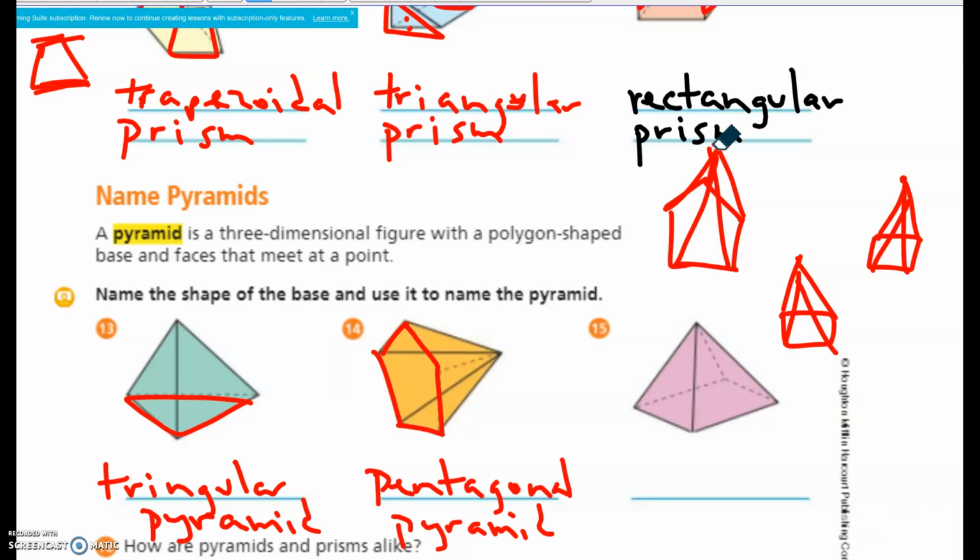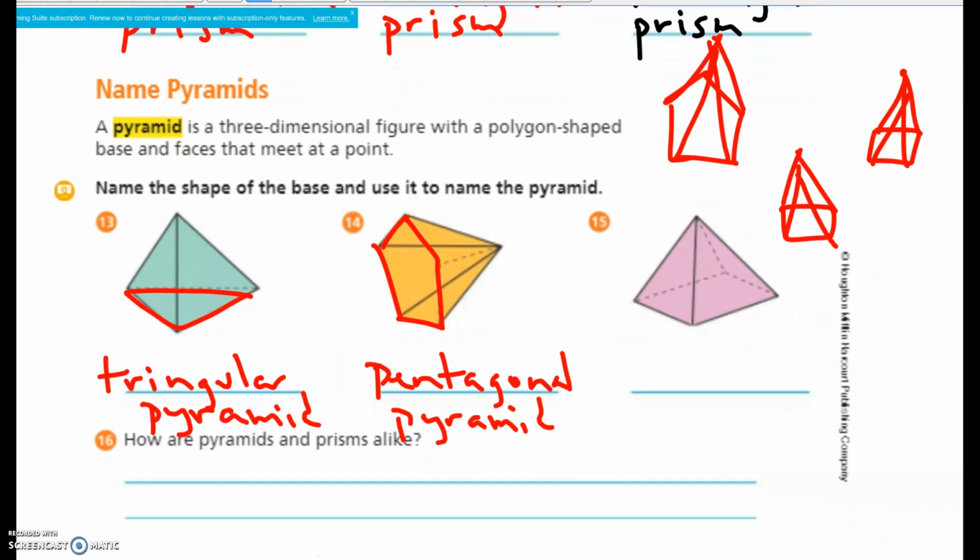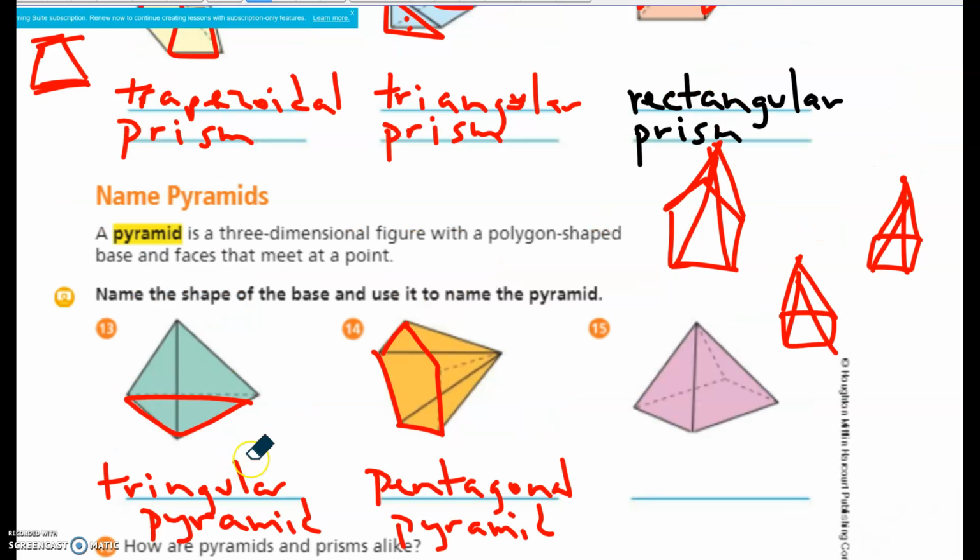All right, so how are pyramids and prisms alike? Well, yesterday on your question, you were asked how those two shapes were different. Some of you put they're 3D, and that was true. They're both 3D. They both have a base.